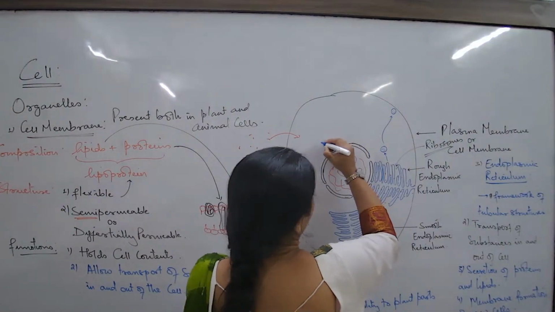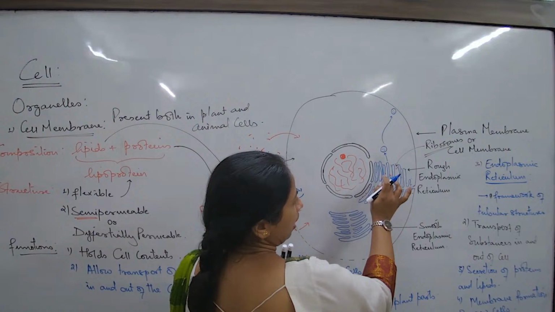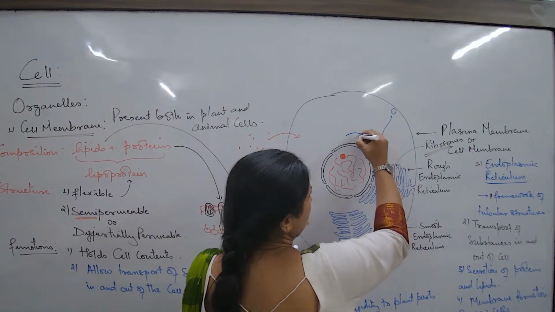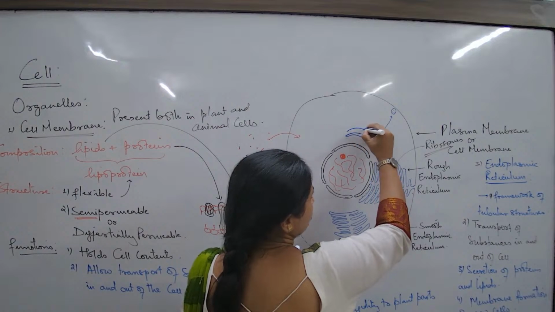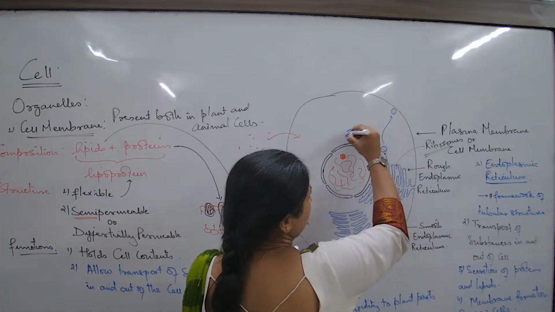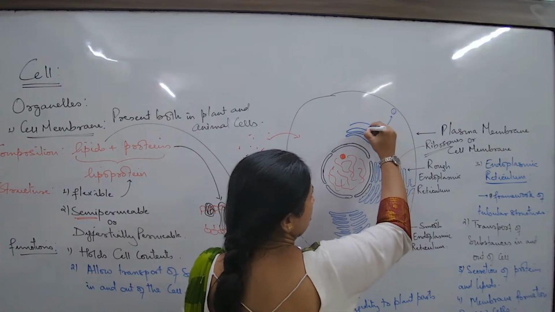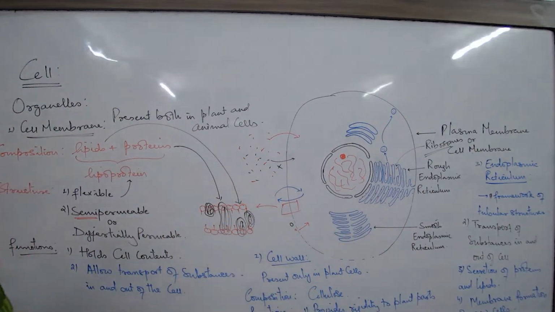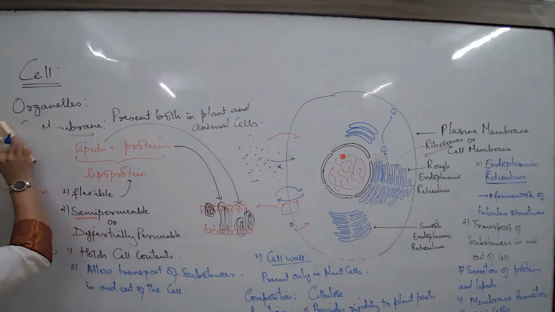So let us finish with one more organelle. We are talking about the endoplasmic reticulum. Very close to the endoplasmic reticulum, there will be one more cell organelle arranged in the form of some plate-like or disc-like structures.